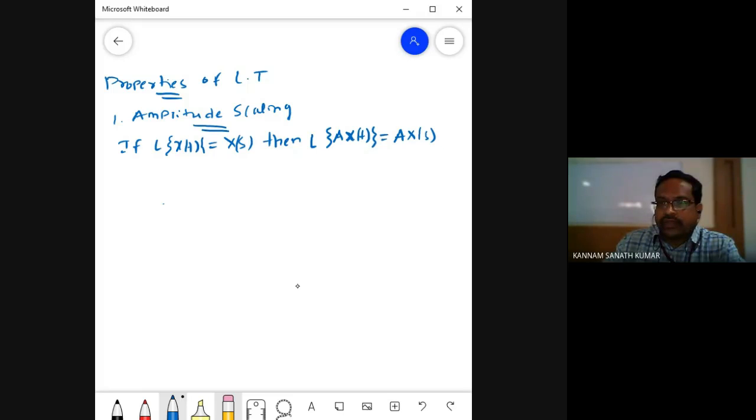That means the Laplace transform of a into x of t gives a into X of s.